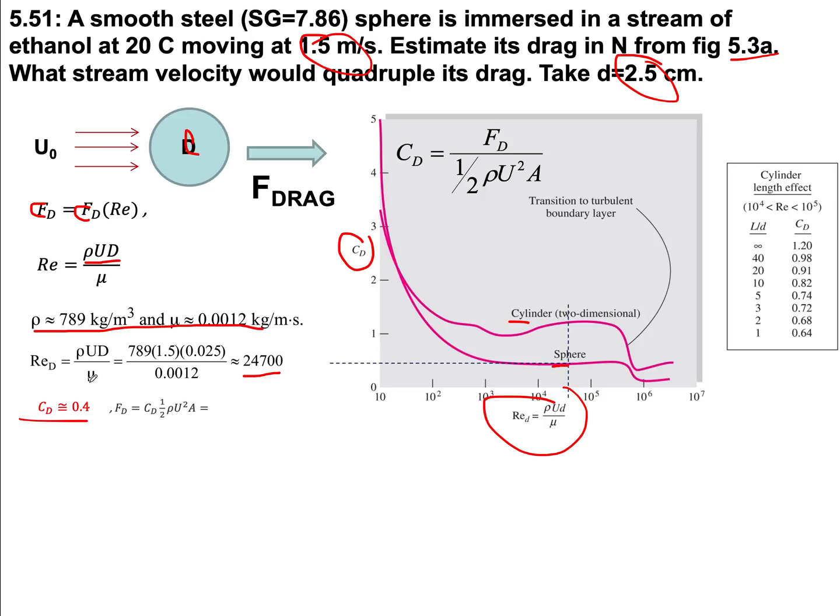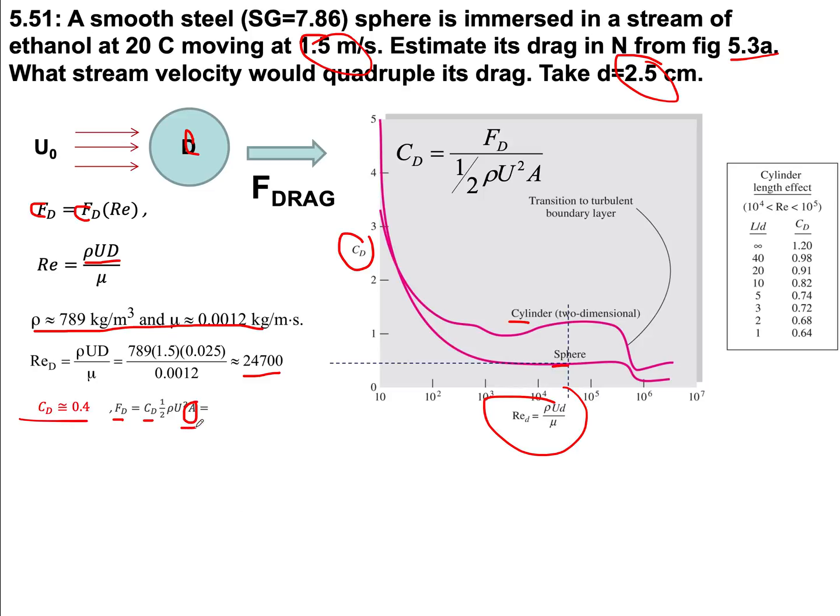And now the definition of CD is related to the drag force. That drag coefficient is often based on a certain length scale or a property of the length scale.